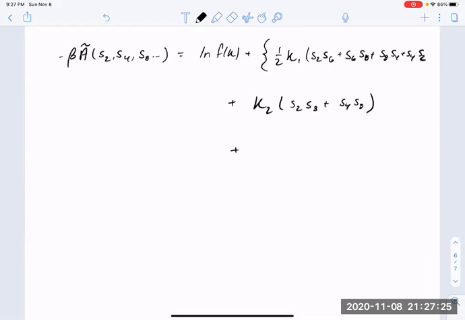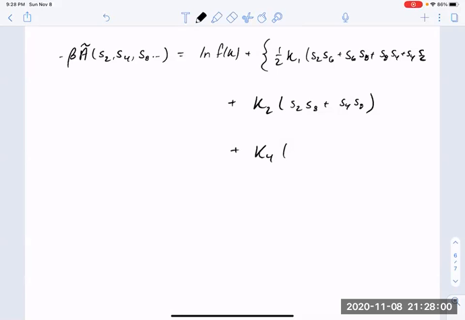Plus, it turns out we need one more unknown to satisfy the number of unknown interactions we have, call it some K4. That reminds you, this is all at zero external field, so the system has to have up-down symmetry. So the simplest symmetry-allowed interaction I can generate has to be an even multiple product of spins.